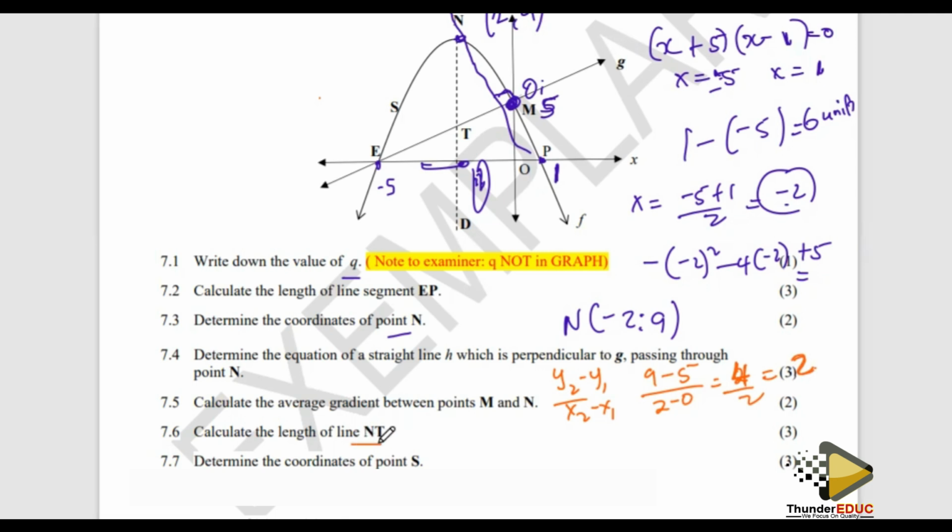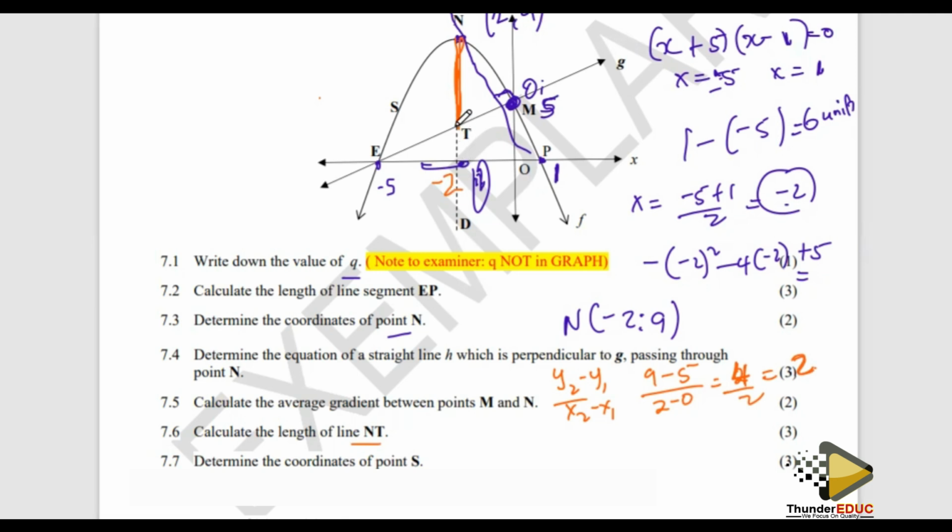Then calculate the length of NT. Remember, NT is the distance between the two graphs. So when this happens, there's something common about these 2 points, is that they have the same x-coordinate, which is negative 2.